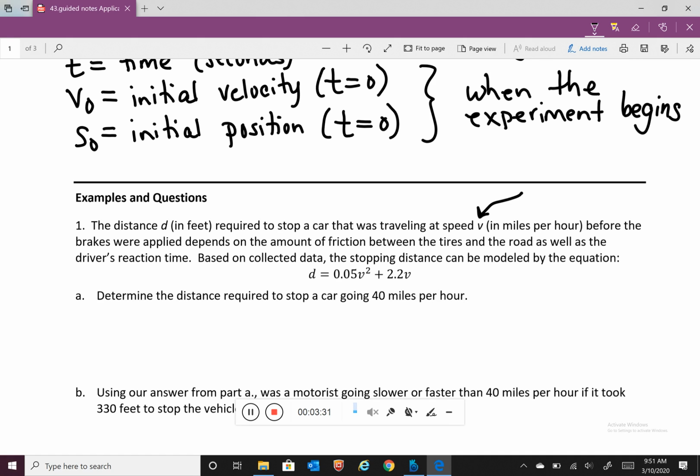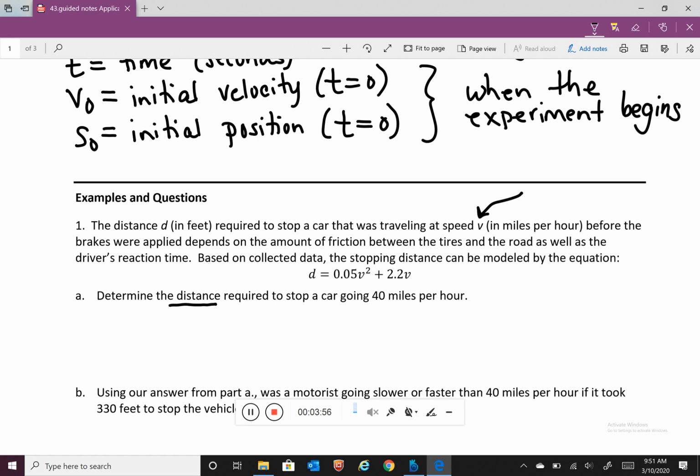So based on collected data, the stopping distance can be modeled by the equation d equals 0.05 times v squared plus 2.2 times v.